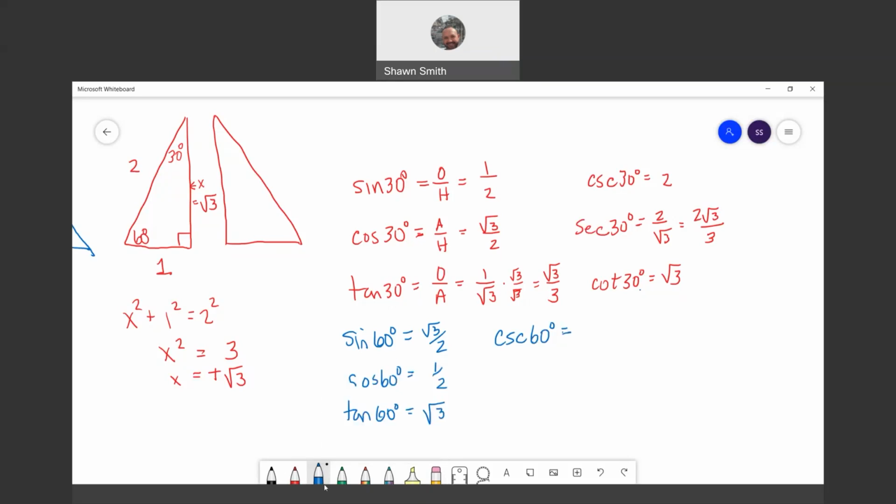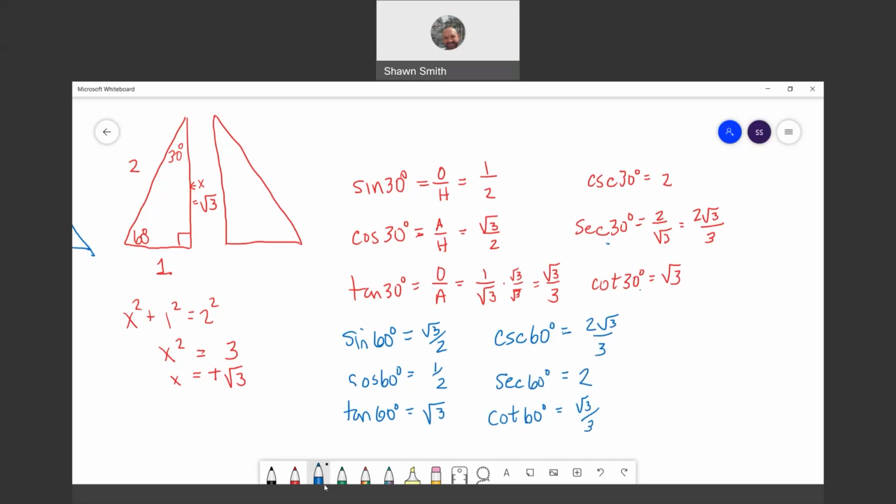All right, so cosecant of 60 is the same as the secant of 30. That's the 2 square roots of 3 over 3. Secant of 60 is the same as the cosecant of 30. 2. And cotangent of 60 degrees is the tangent of 30 degrees, square root of 3 over 3.